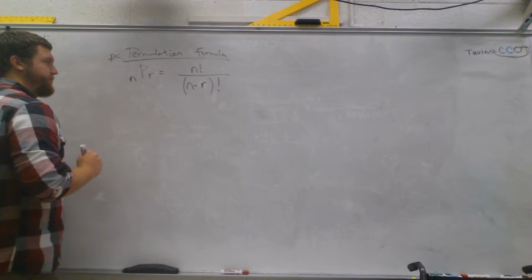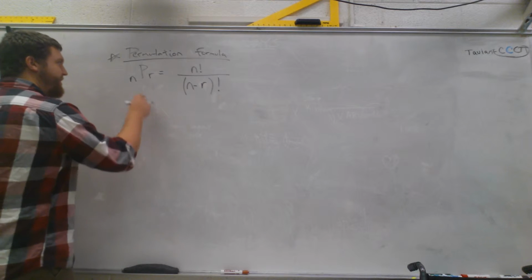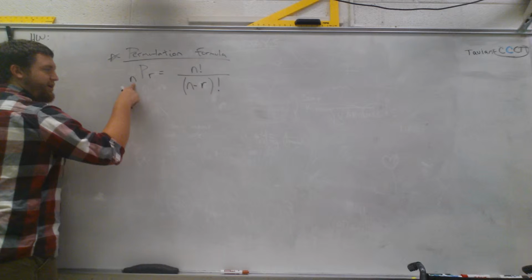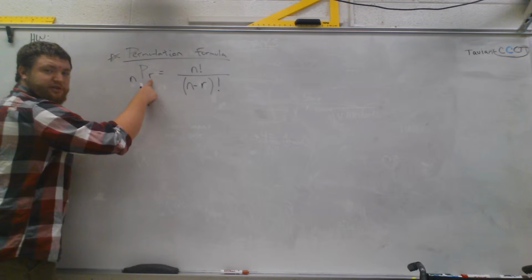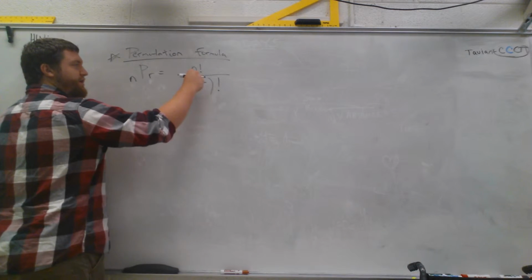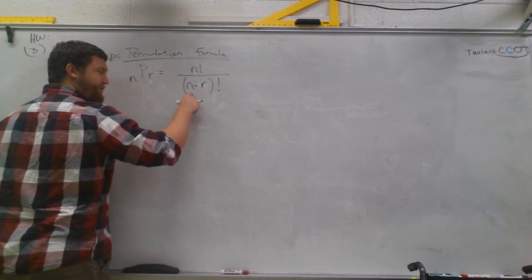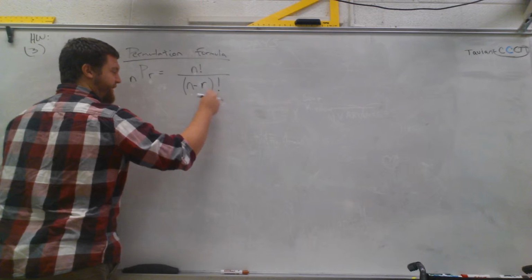Okay? Yes, that's right. So remember, n is the number of choices you have, and r is how many you're choosing. nPr is equal to the number of choices factorial divided by the number of choices minus your options factorial.